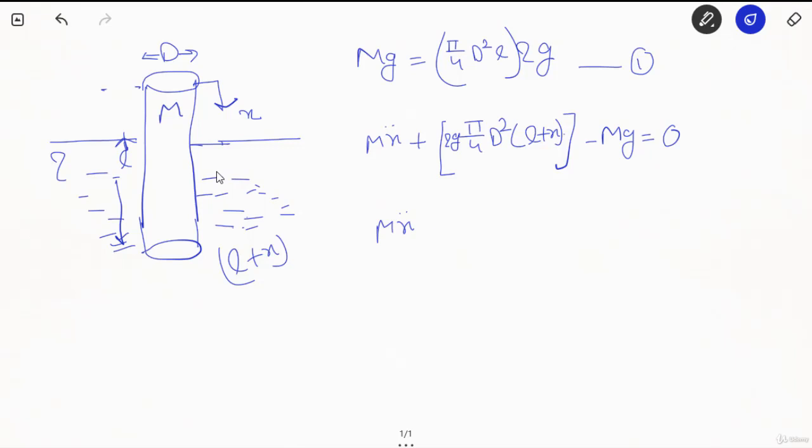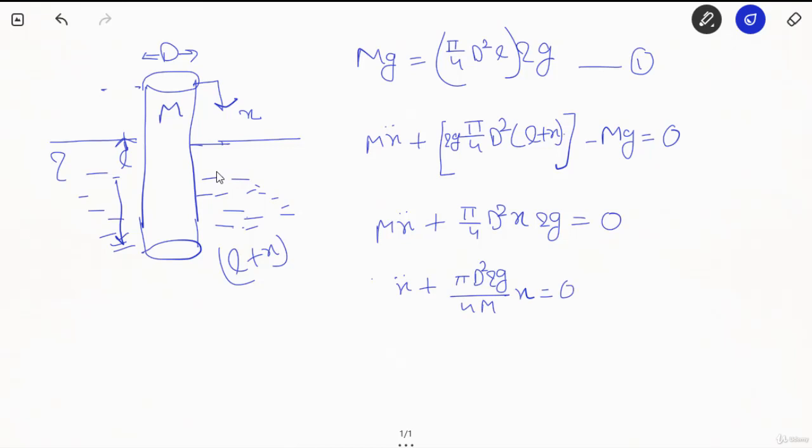So this equation will become m x double dot plus pi by 4 d square x rho g is equal to 0. We need to modify it a little more to compare with the standard equation. It will come out as x double dot plus pi d square rho g divided by 4m into x equal to 0.